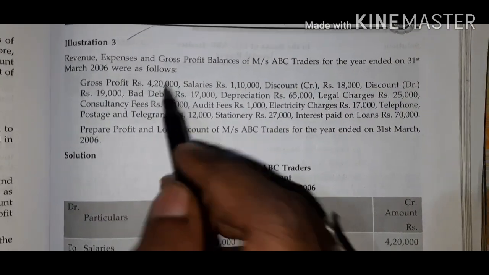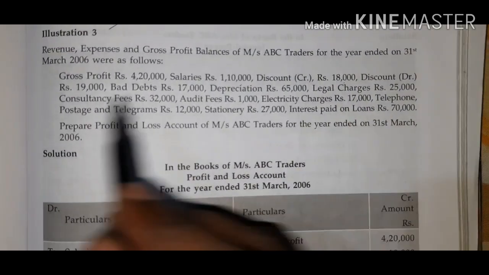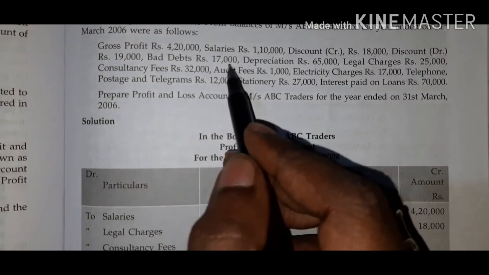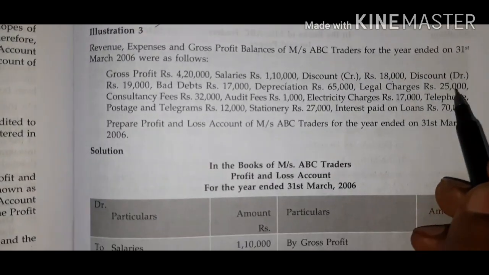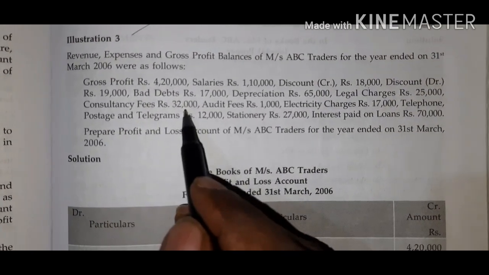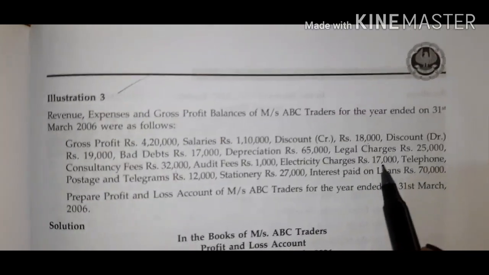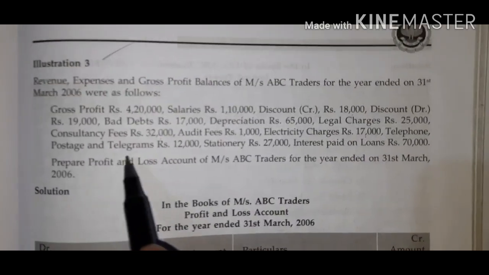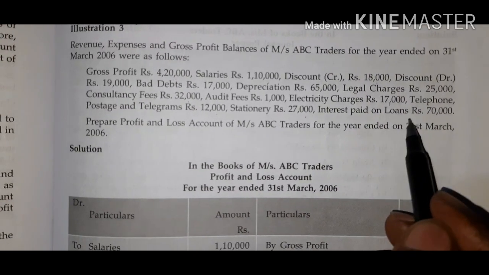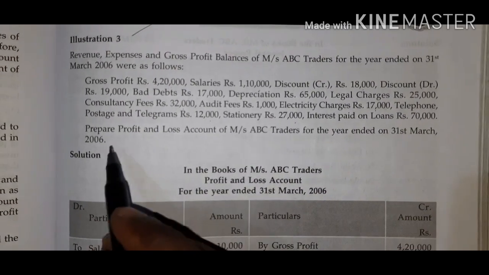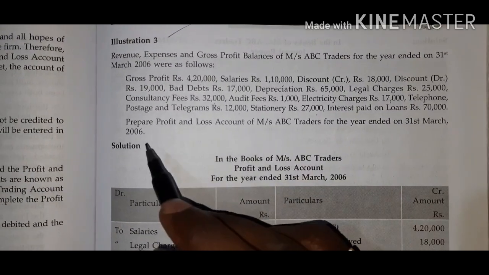Gross profit 4,20,000, salaries 1,10,000, discount credit 18,000, discount debit 19,000, bad debt 17,000, depreciation rupees 65,000, legal charges rupees 25,000, consultancy fees rupees 32,000, audit fees rupees 1,000, electricity charges rupees 17,000, telephone postage and telegrams 12,000, stationery rupees 27,000, interest paid on loans rupees 70,000. Prepare profit and loss account of Messrs ABC Traders for the year ended 31st March 2006.